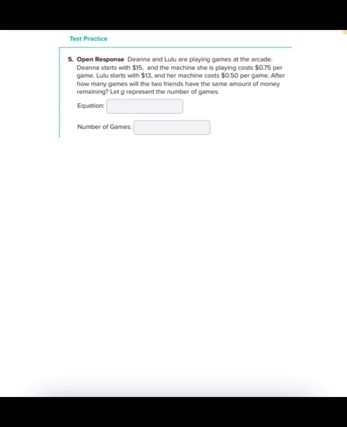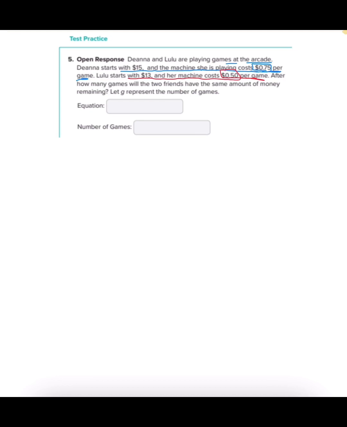Dina and Lulu are playing a game at the arcade. Dina starts with 15 and the machine she is playing costs 0.75 per game. Lulu starts with 13 and her machine costs 0.50 per game.